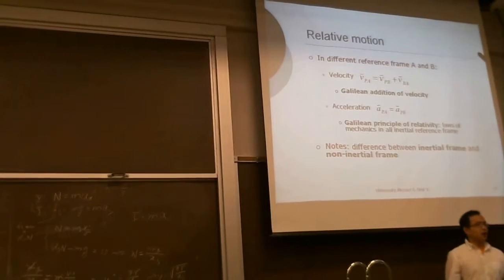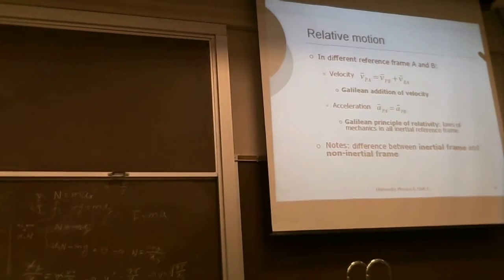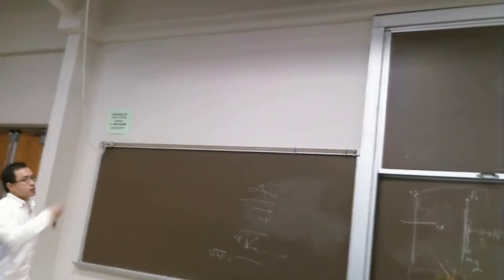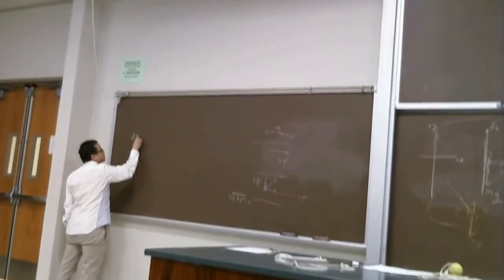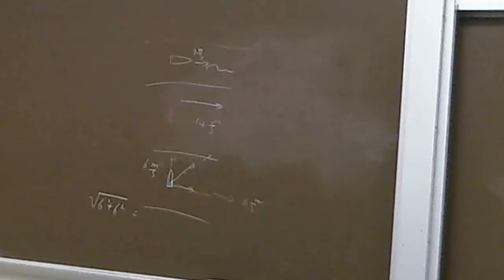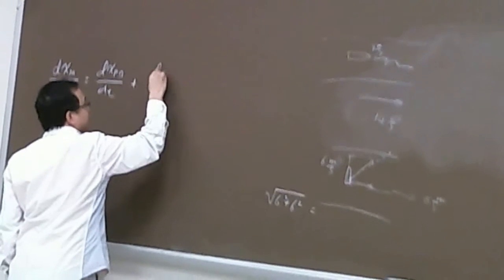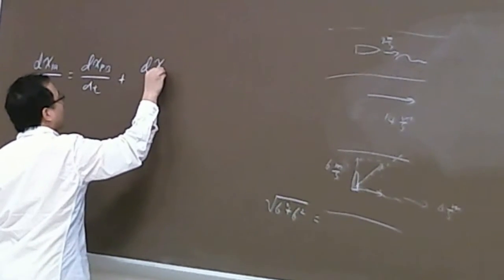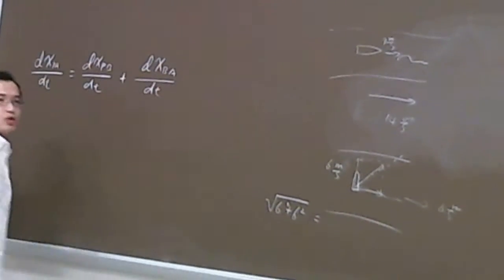In fact, after you learn calculus, you can think about it this way. Velocity is simply dx/dt. So the Galilean velocity addition is actually dxPA/dt equals dxPB/dt plus dxBA/dt.